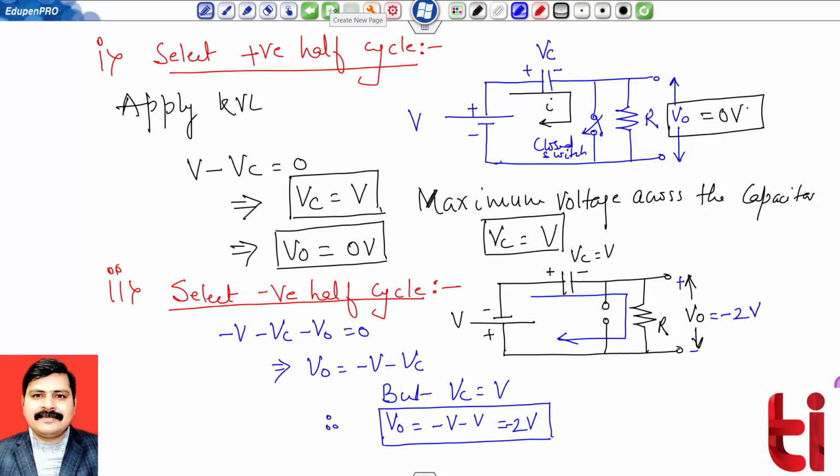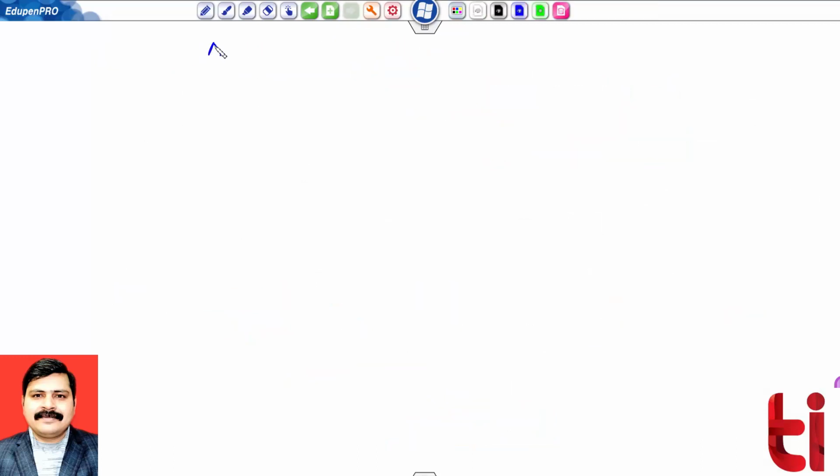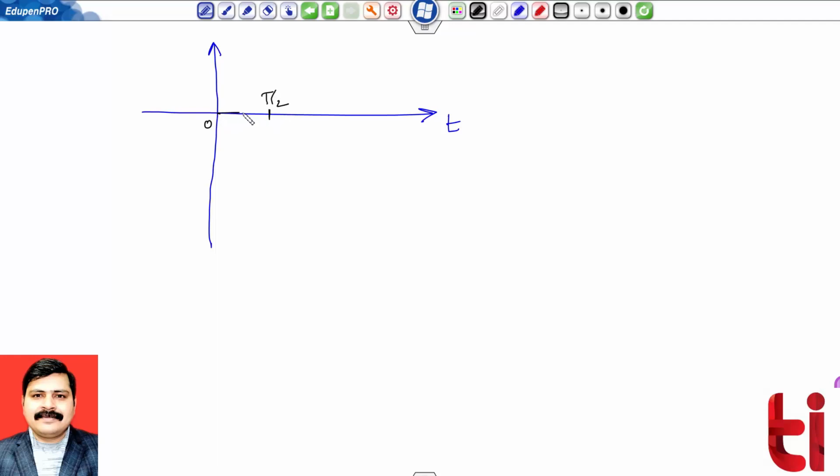Now the final step is we need to draw the output waveform. So interestingly, we can check my output waveform over here is for 0 to T by 2, output voltage was 0, but from T by 2 to T, it is minus twice V. This is my V out.